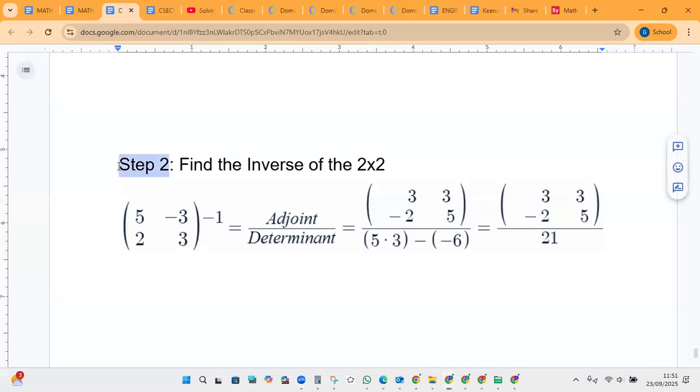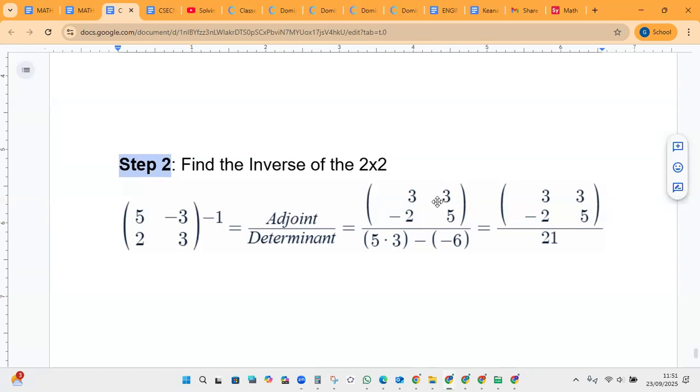Step number 2 is to find the inverse of the 2 by 2. Now, the inverse of a 2 by 2 matrix is basically the adjoint divided by the determinant. Simple as that. So you find the adjoint by exchanging the positions of the leading diagonal elements: 3 will take the position of 5 and 5 will take the position of 3.